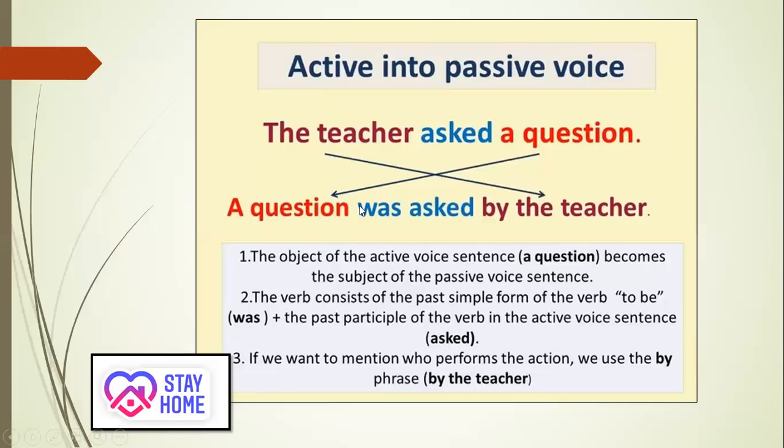A question was. Now, this verb is in the simple past in the active voice, but in the passive voice, we use the past participle. A question was asked by the teacher. And the teacher, which was the subject in the active voice, now becomes the object in the passive voice.